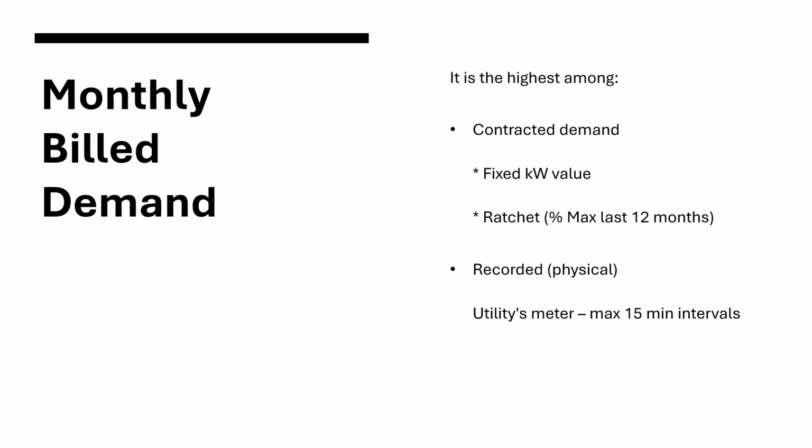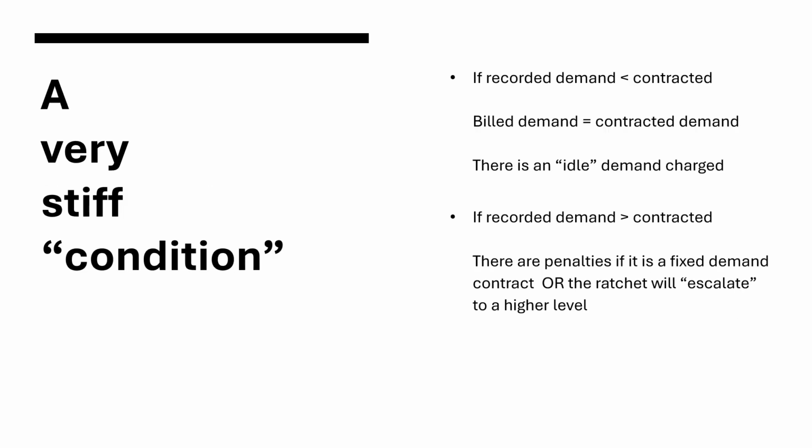And this is a very stiff measurement because the utility's meter keeps every 15-minute interval throughout the month, and then the utility chooses the highest 15-minute integrated demand to call it the recorded physical demand. It is actually a very stiff condition.